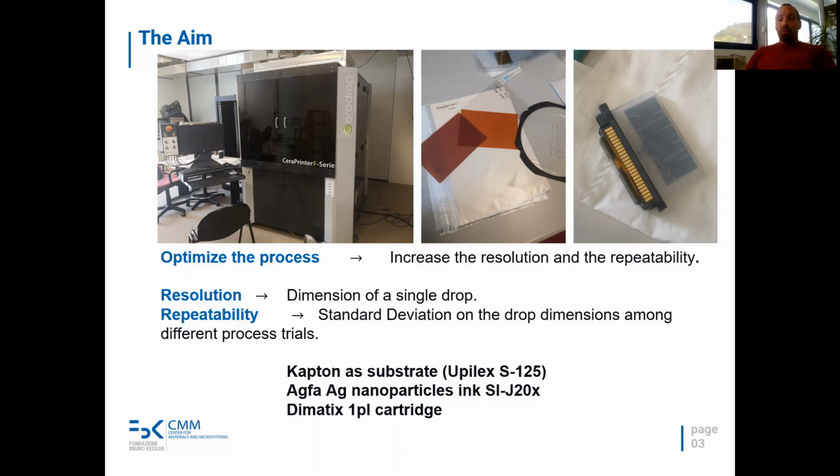What we wanted to do was to increase the resolution of the printing process, basically decreasing the dimension of the single drop, and increase the repeatability of the process by decreasing the standard deviation on the drop dimension among different process trials.